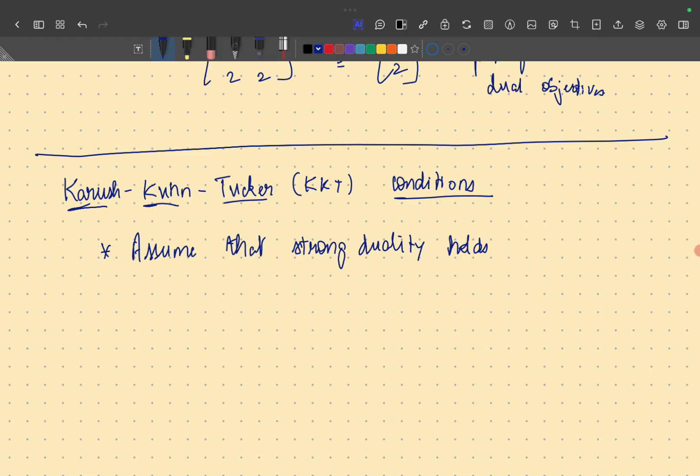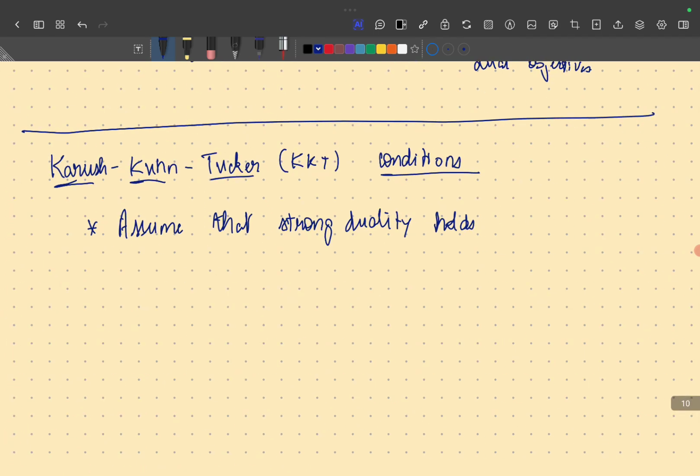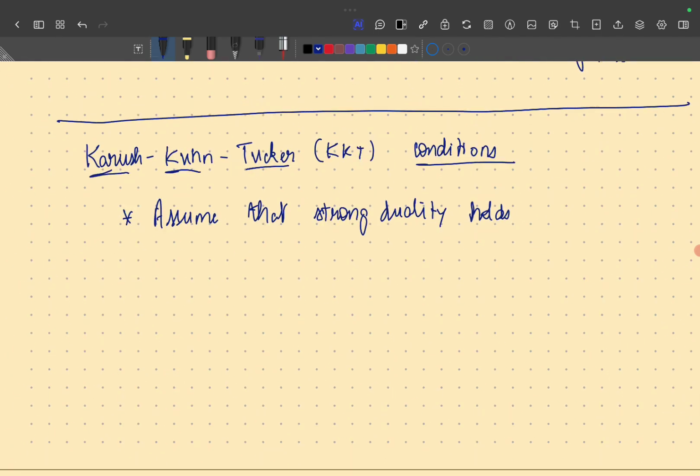If strong duality does not hold, then this whole approach is not particularly helpful. All right. Basically, the KKT conditions are the following set of conditions. So they give you a set of equations and you try to solve for them.